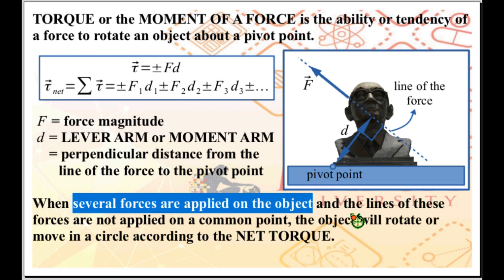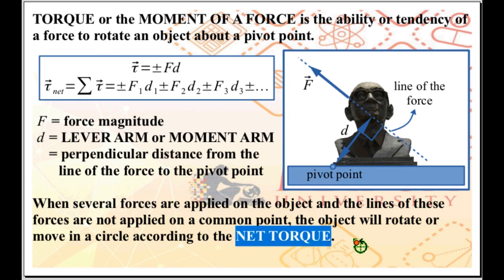But if the lines of these forces do not intersect at a common point, the object will rotate or move in a circle according to the net torque. So depending on the forces that are applied on the object, it may experience motion in a straight line, or the object may experience angular motion.